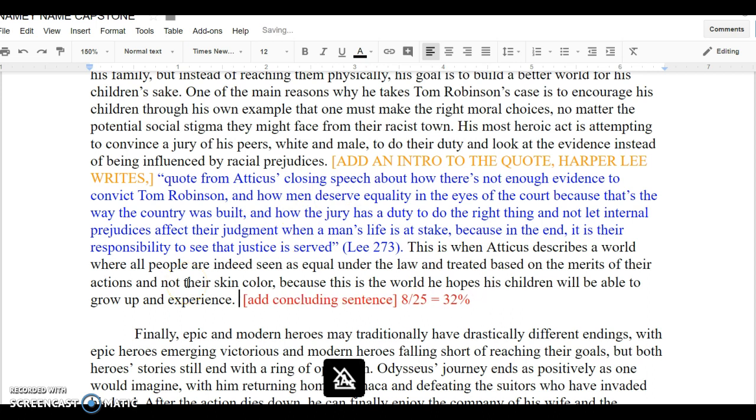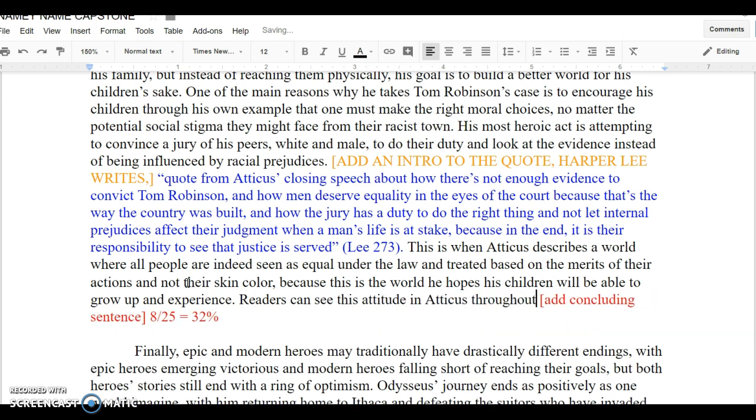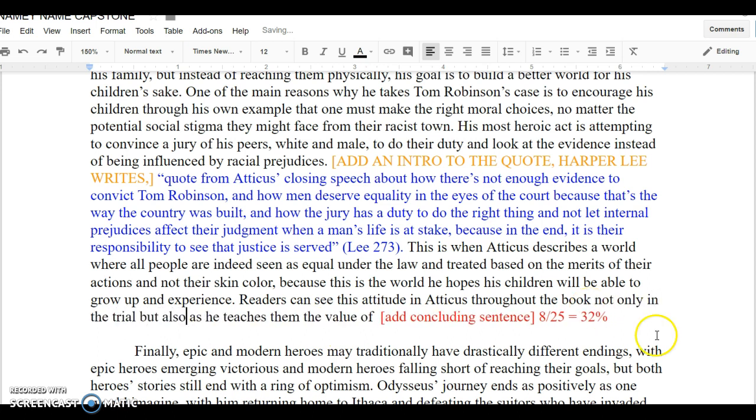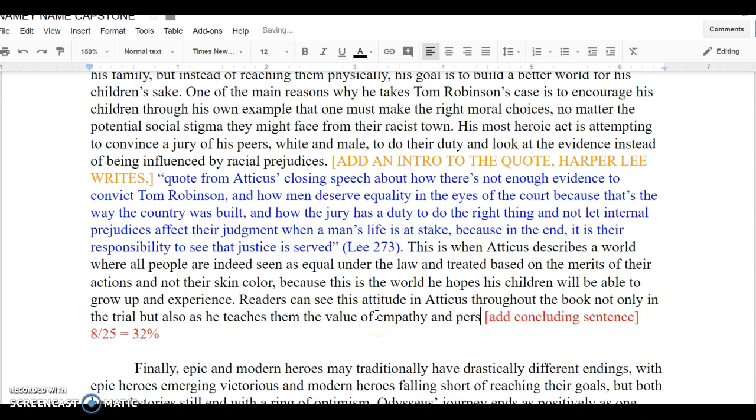Readers can see this in Atticus throughout the book, as he teaches them the value of not only in the trial, but also as he teaches them the value of empathy and perspective and blah, blah, blah, whatever.